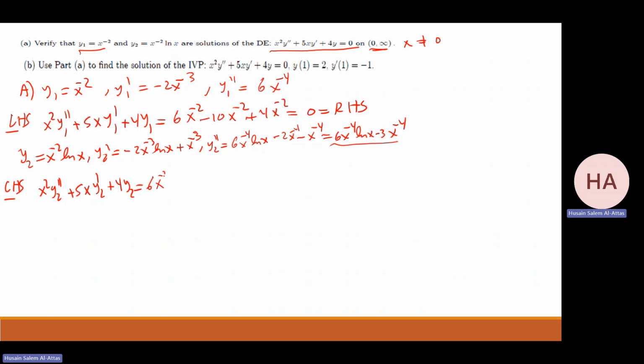That gives me 6x to the minus 2 ln x minus 3x to the minus 2. 5 times all of this, minus 10x to the minus 2 ln x plus 5x to the minus 2, plus 4x to the minus 2 ln x. This with this cancelled. There's something missing.